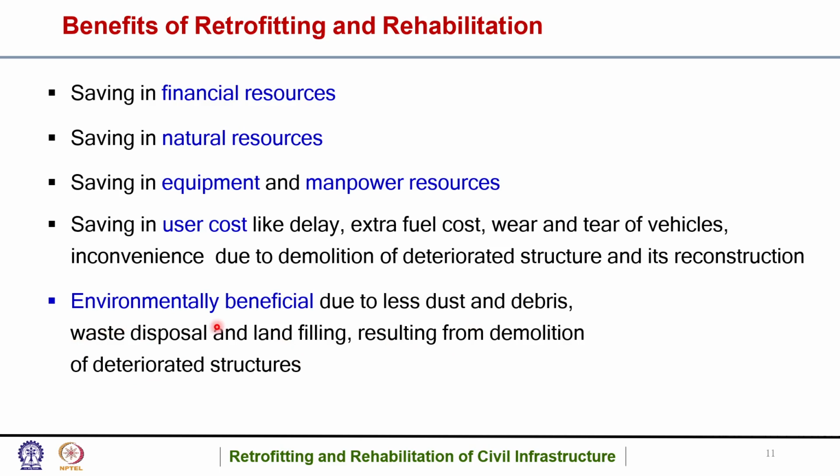It may have ecological significance, in a negative way. So it is good if we can prevent this demolition, if possible. So that is one of the important benefits of retrofitting and rehabilitation.